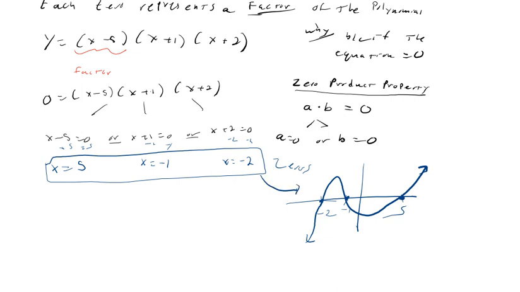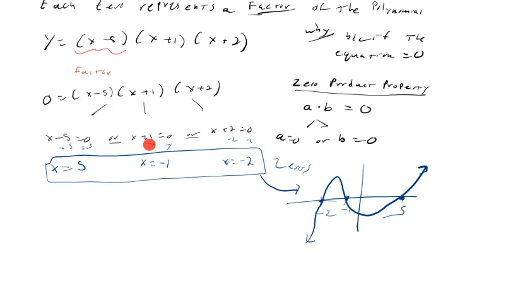My equation has to look like this because my zeros must be these 3 things, these 3 factors. Each factor connects to a 0. One of them is a 5, one of them is a negative 1, one is a negative 2.